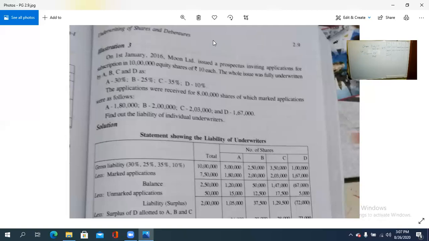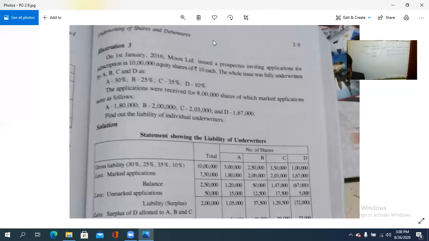Then 3 lakh minus 1 lakh 80,000 is 1 lakh 20,000. Then here 50,000. Then here 3 lakh 50,000 minus 2 lakh 3,000 is 1 lakh 47,000. Then for D, 1 lakh minus 1 lakh 67,000, it is 67,000 minus, a negative figure.